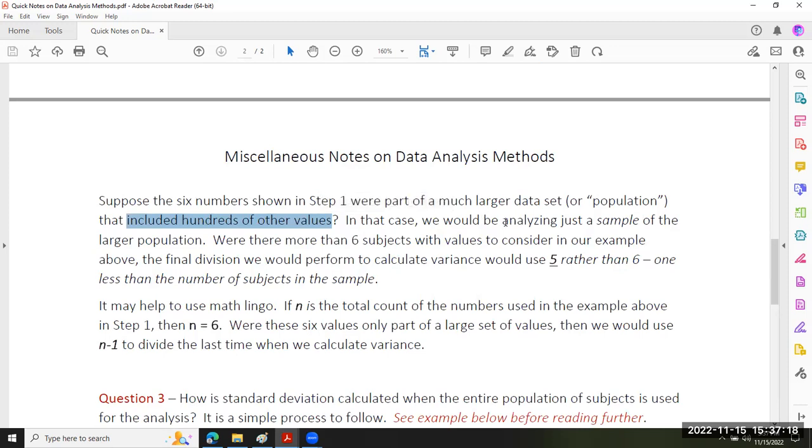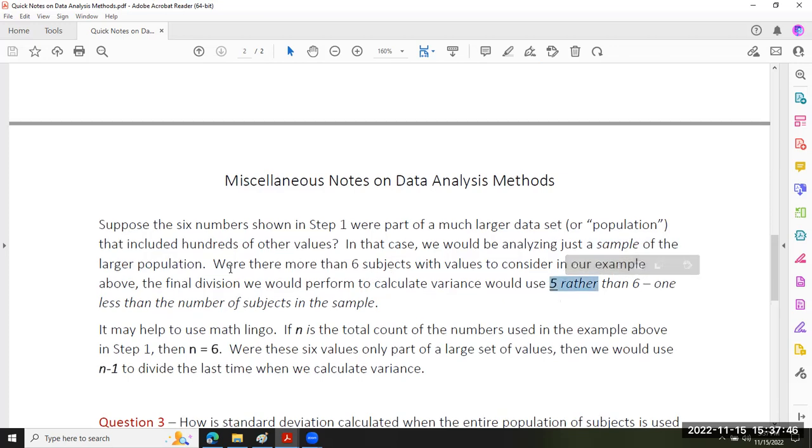It's important when you're presenting your results to explain that you're performing a calculation against a sample of a larger population. So what you're doing is qualifying your results. The final division you would perform when you calculate variance would use 5 rather than 6. So that's a really important distinction.